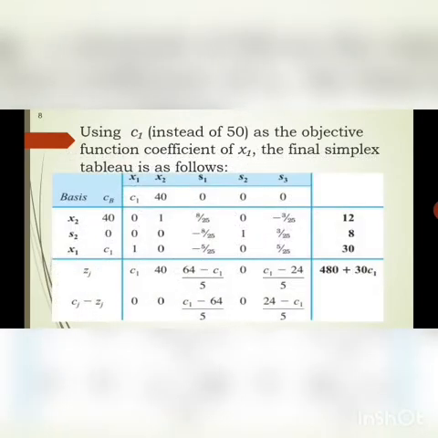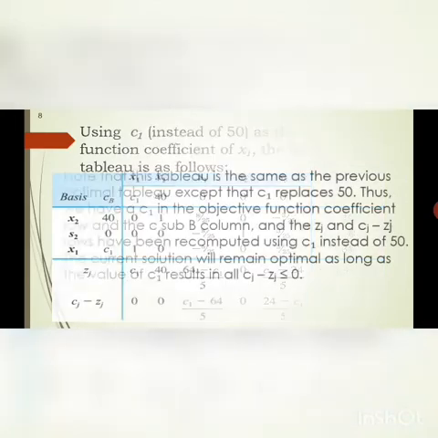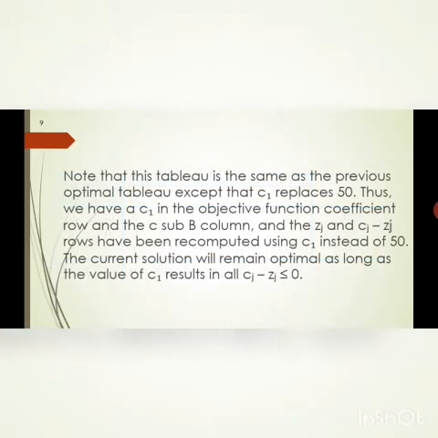Let's illustrate this approach by computing the range of optimality for c sub 1, the profit contribution per unit of the desk pro. Using c sub 1 instead of 50 as the objective function coefficient of x sub 1, the final simplex tableau is as follows. Note that this tableau is the same as the previous optimal tableau, except that c sub 1 replaces 50.